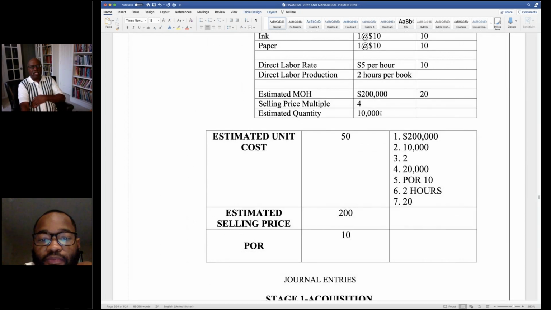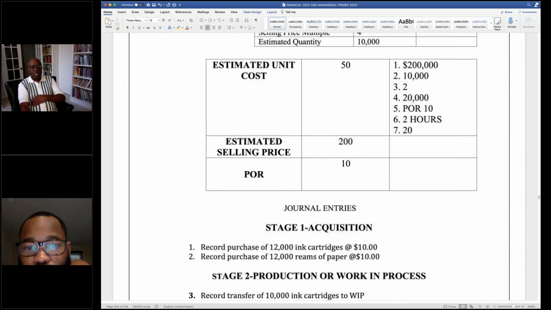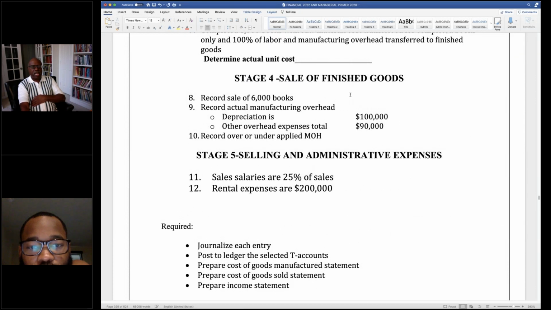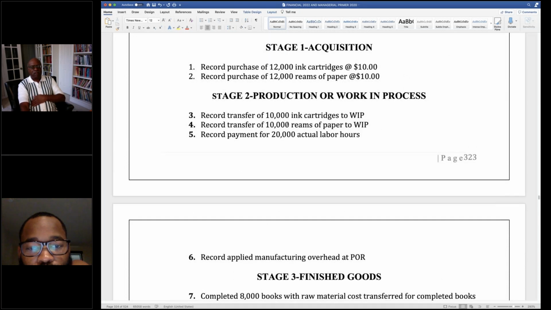You're making 10,000 books. It tells you it takes 1 ink cartridge and 1 paper. So as you transfer in, you have to transfer in 10,000 and 10,000.